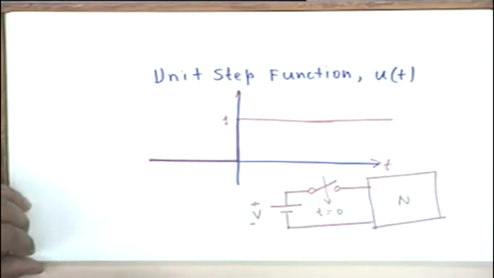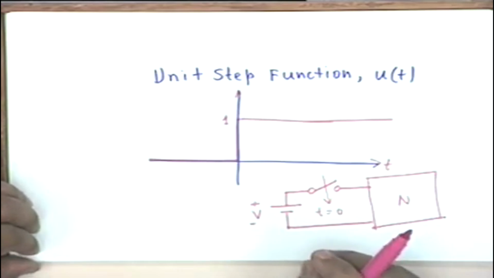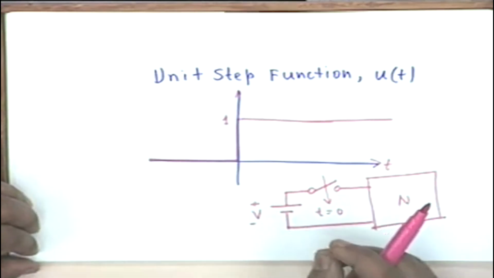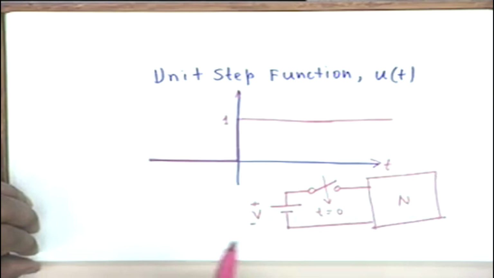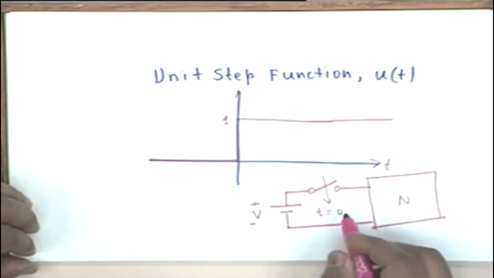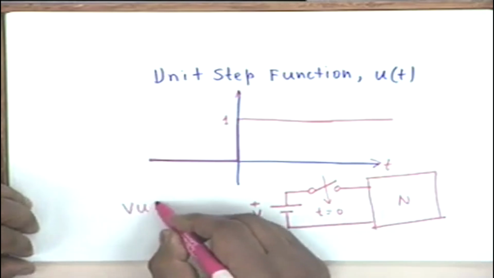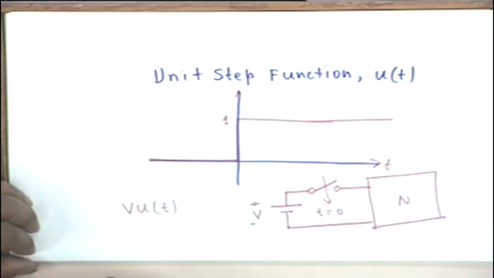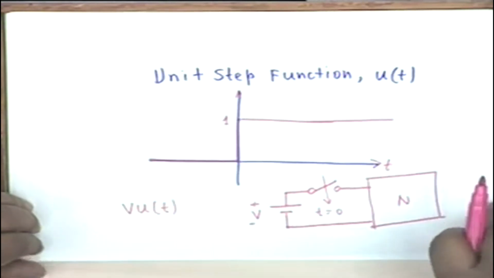And this is why the step function terminology is to be introduced at this point. That is, when you switch on a battery to a two-terminal circuit, what you are precisely applying is a step function of magnitude V. In other words, what you are applying is V times u of t.